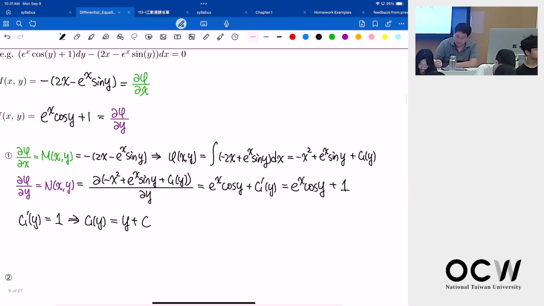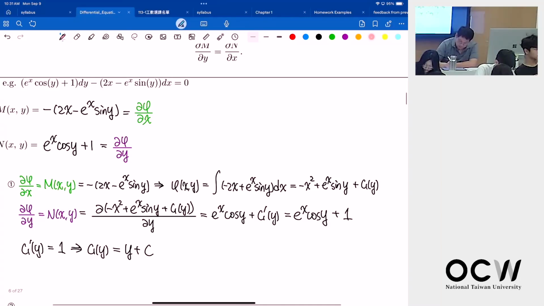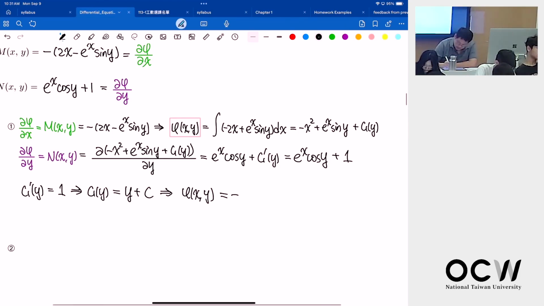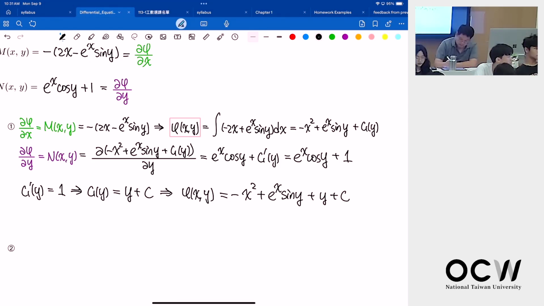And then we have our potential function, which will be minus x squared plus e to the x sine y plus y plus c. This is just the potential function, okay? This is not the answer.